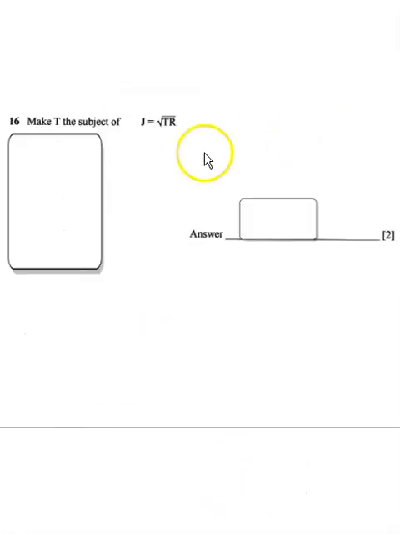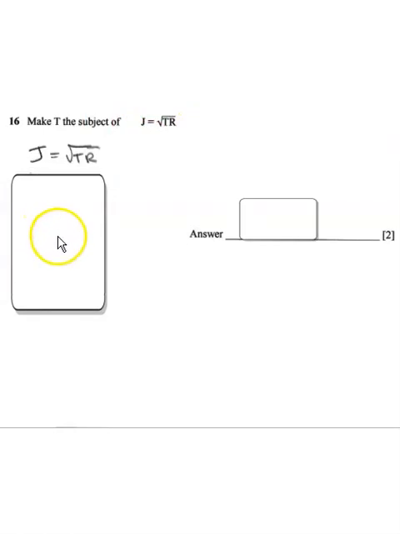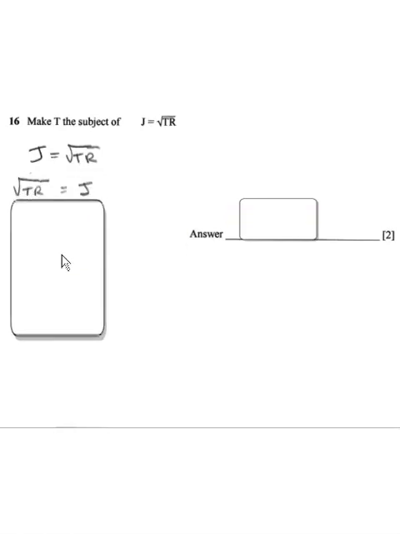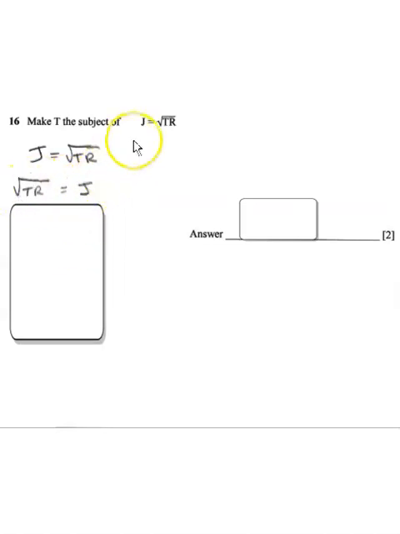Question 16, it says make t the subject of j equals the square root of tr. So the first one I've written down as it is, j equals the square root of tr. And what I've done here is swap it around. You don't have to do it, but I have done it for this one. So instead of j equals the square root of tr, I've done the square root of tr is equal to j.